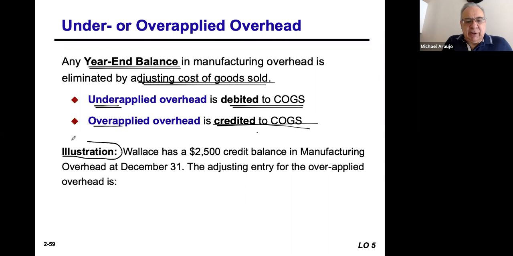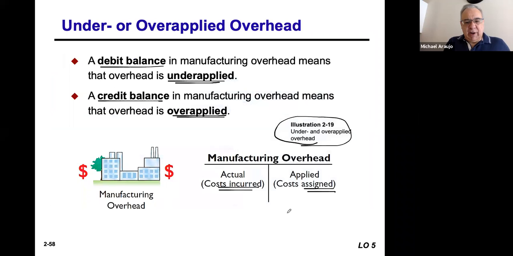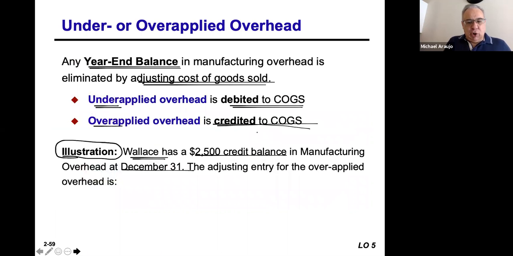So here is an illustration for Wallace Corporation. At the end of the year, they have a credit balance in the manufacturing overhead account. Remember, a credit balance in the manufacturing overhead account means that we have assigned too much, over applied. So what would be the entry because we over applied it?